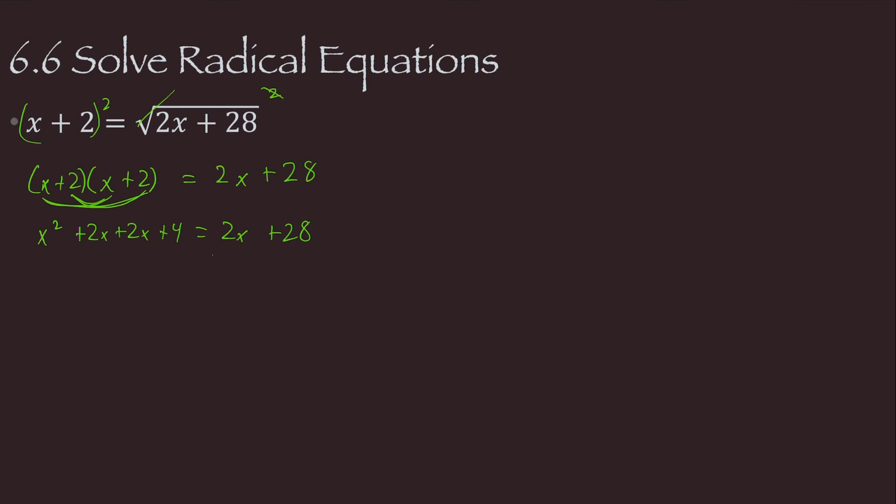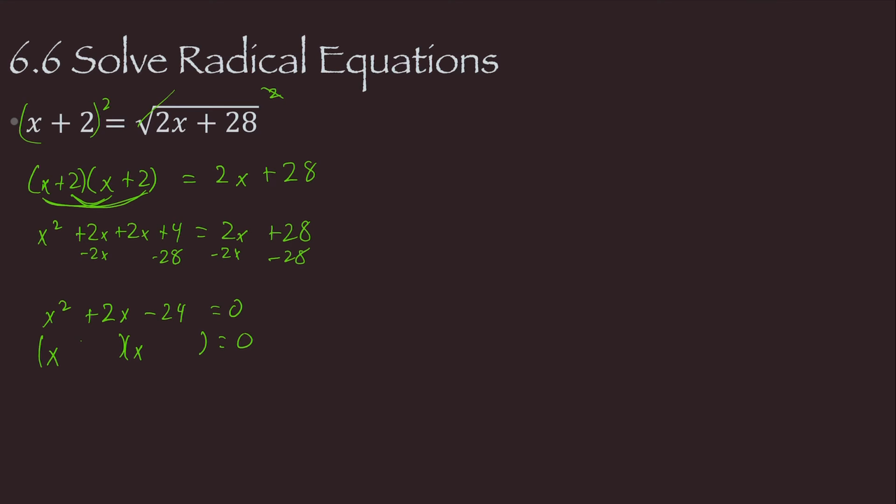This appears to be quadratic, so let's get everything on the same side to make it equal to 0, because that's usually how we solve a quadratic equation. All right, then we can try factoring, maybe. If that doesn't work, we can do the quadratic formula. So what times what gives me x squared is x and x.